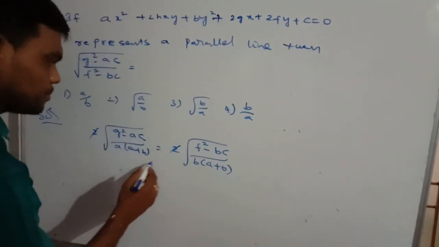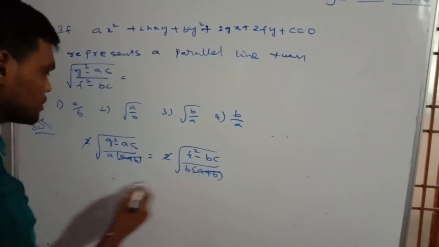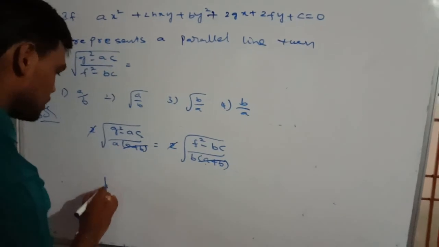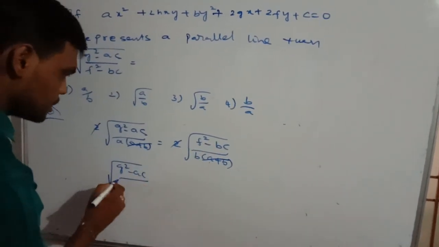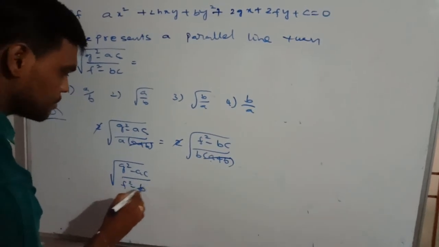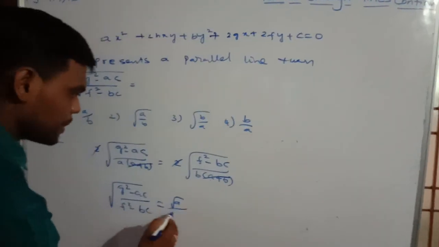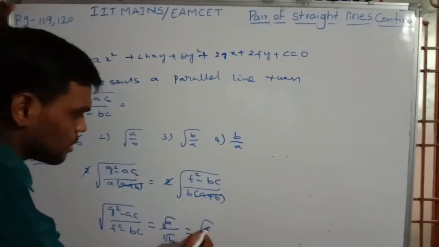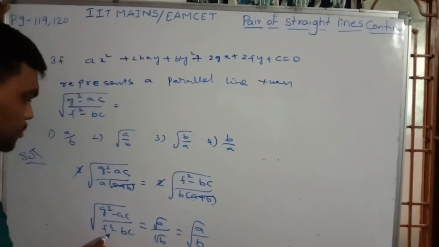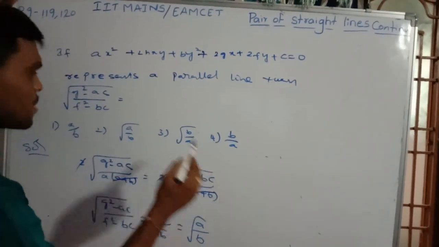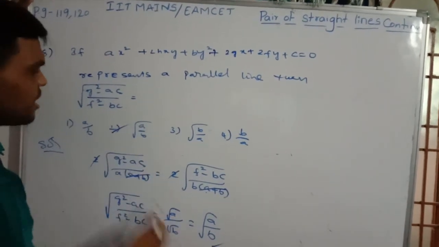And next, a plus b is also cancelled, and again root of (g square minus ac) by (f square minus bc) is equal to root a by root b. So root of (g square minus ac) by (f square minus bc) is equal to root a by b. Now see the options. Second option, root a by b.